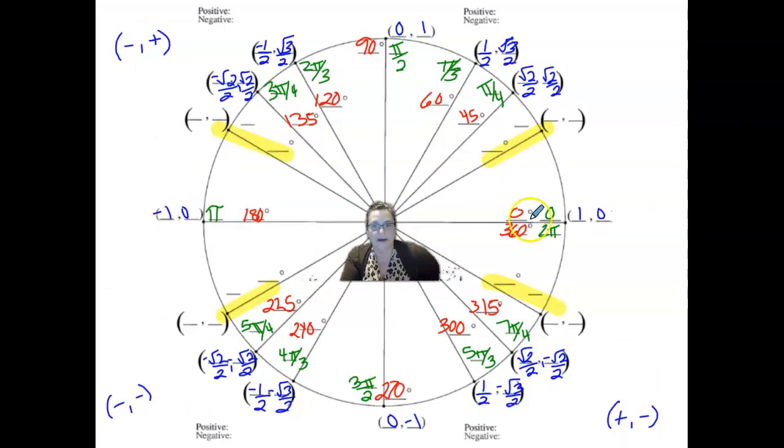So now when we go back to revisit our template for filling in the special angles on the unit circle, we can see that at 30 degrees, which is pi over 6 radians, our coordinate is positive square root of 3 over 2, comma 1/2.